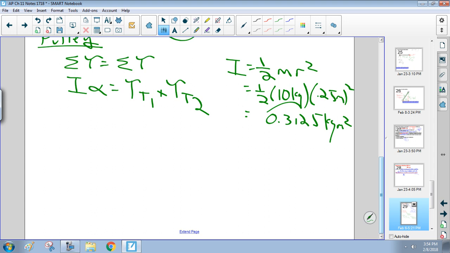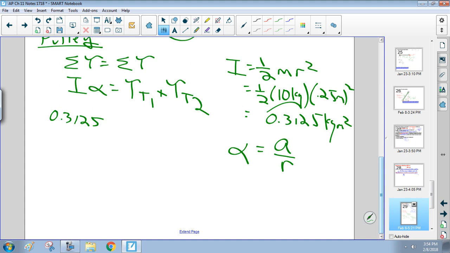So here we go. I is 0.3125 times alpha. Alpha is not one of the variables I'm supposed to use. So alpha is A over R. That's my connection.